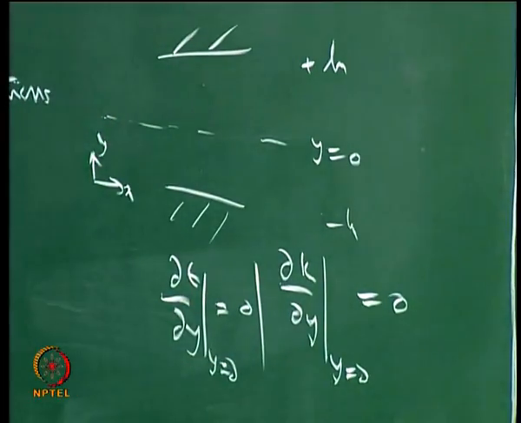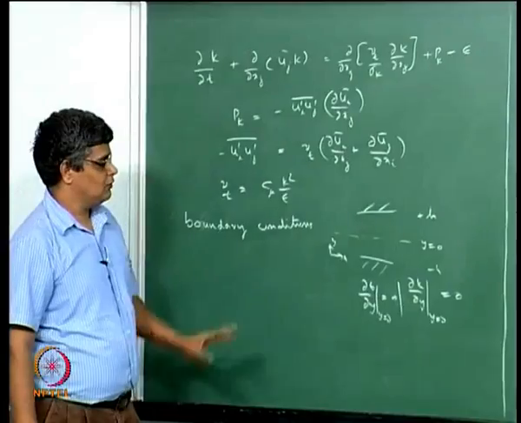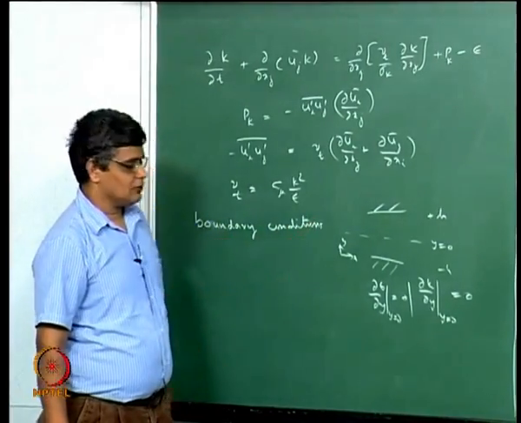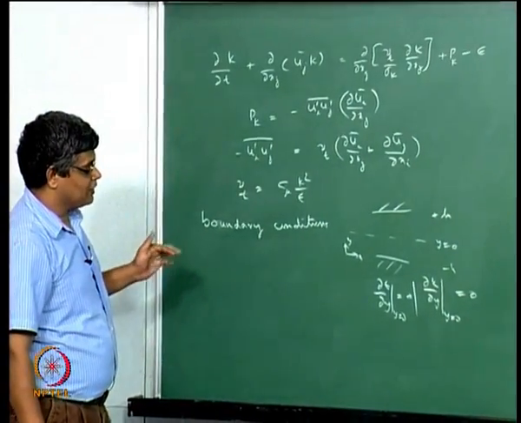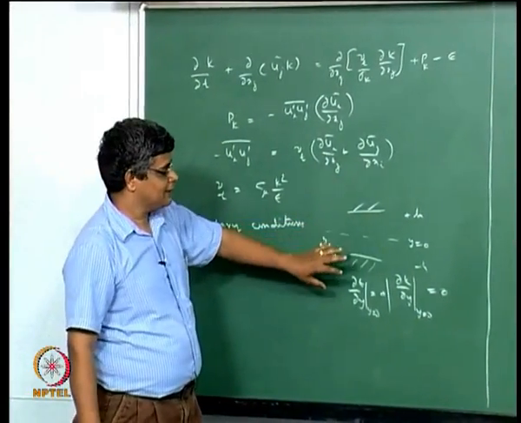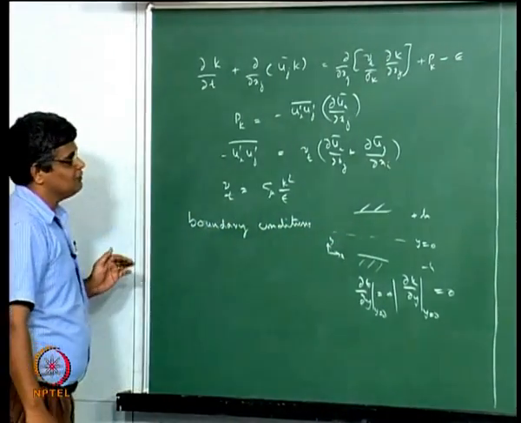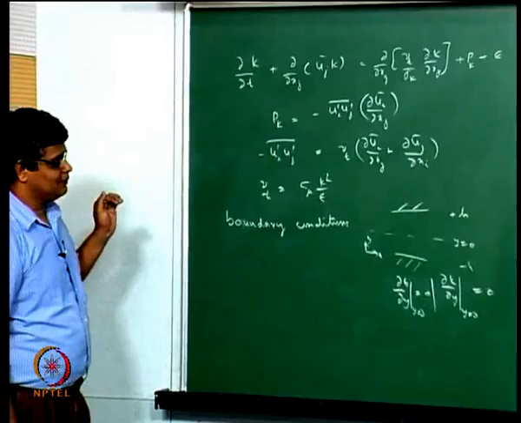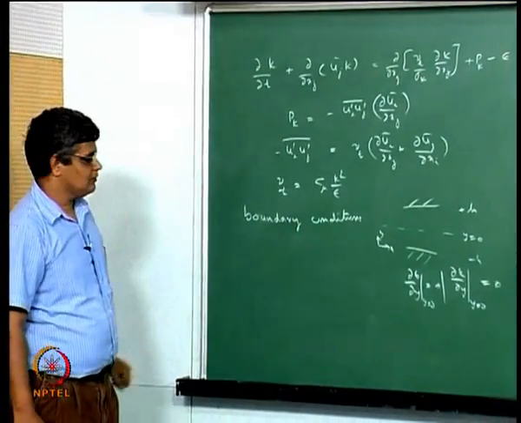So these kind of boundary conditions natural to the flow are quite valid, but what is important in many practical cases is also the boundary conditions at the wall, and that is where we have to make a special distinctive characteristic of turbulent flow.